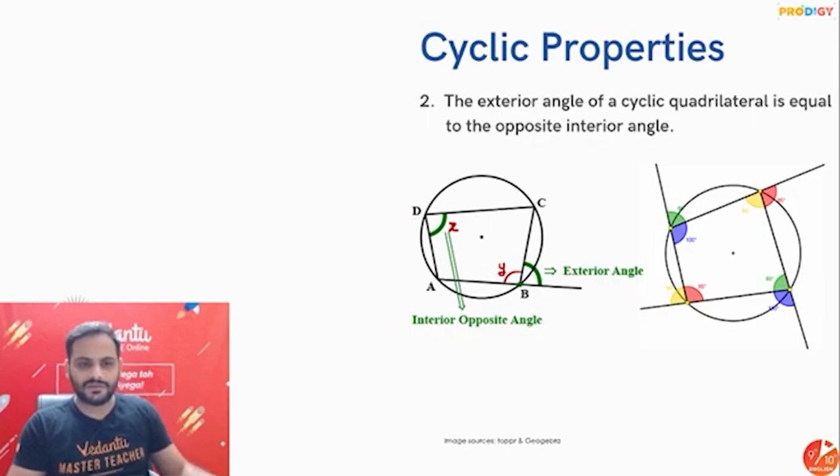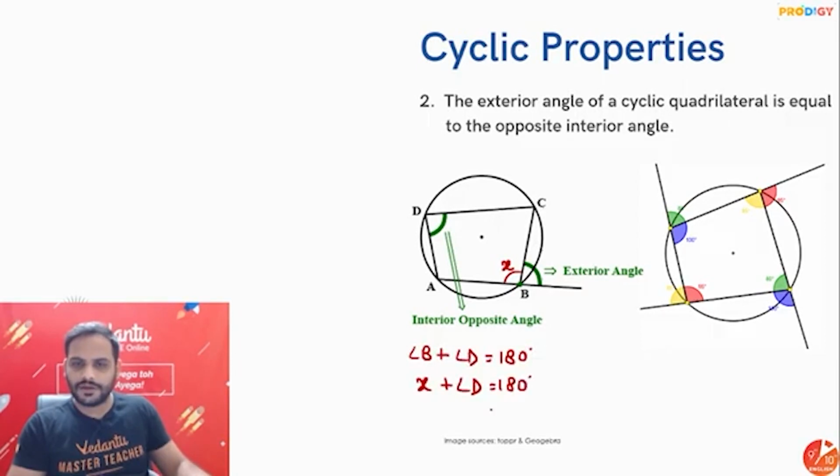Let's say if I take angle B as X, so angle B plus angle D is equal to 180 degrees. So angle B is X plus angle D is equal to 180. You'll get angle D as 180 minus X. So this angle we have got as 180 minus X.